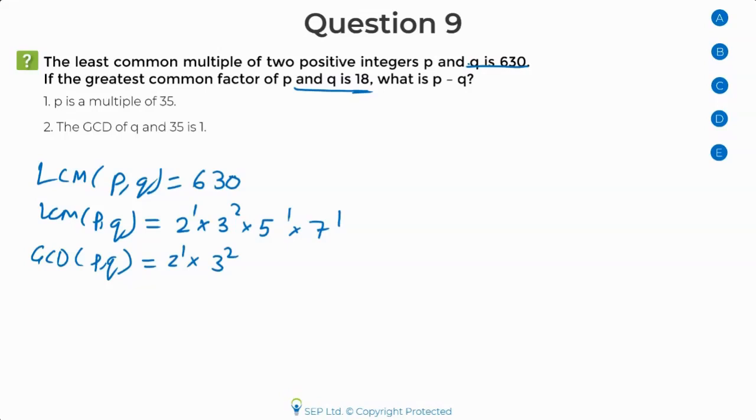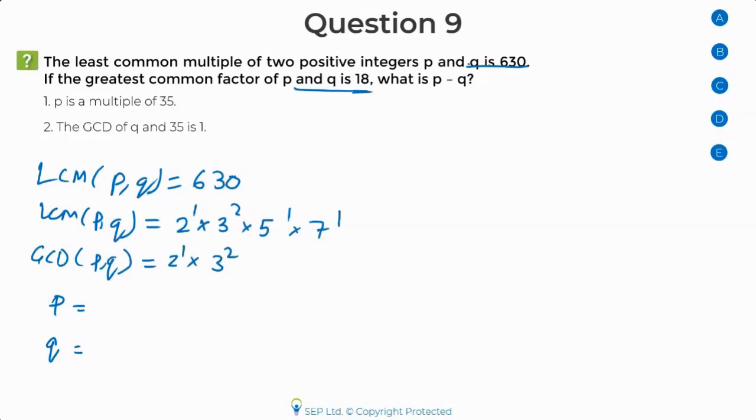See, what you can do is make certain small inferences that can help you get the answer. I won't say very quickly, but if you go methodically, it would take you about 30 seconds to come up with some cases. And let me show you how. Whenever you have a scenario like this, you plug in the GCD then and there. For example, I can see the GCD is 2 to the power 1, 3 square.